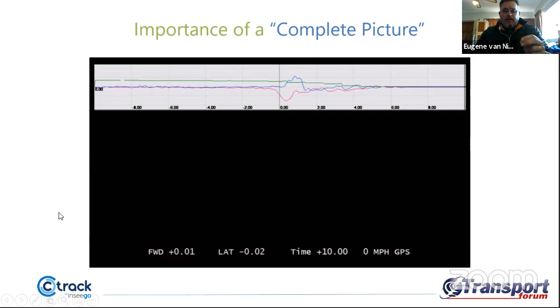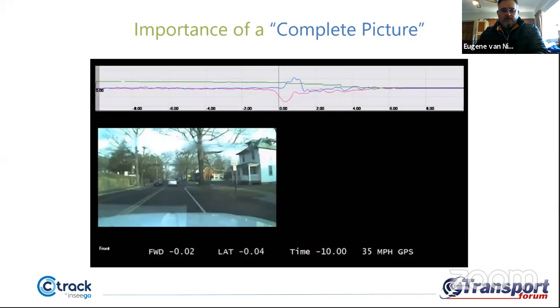Now, if we added a bit of telemetry, if we added another measurement, and in this instance we added a single front-facing camera in the vehicle that was also recording information at the same time that the vehicle was being driven, then I would have much more information about what actually occurred during this particular incident.